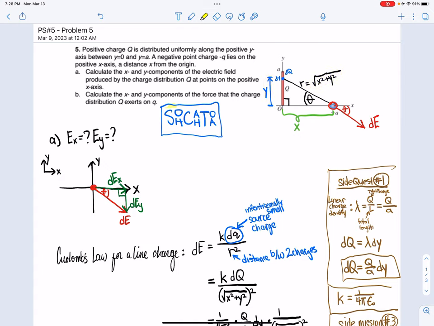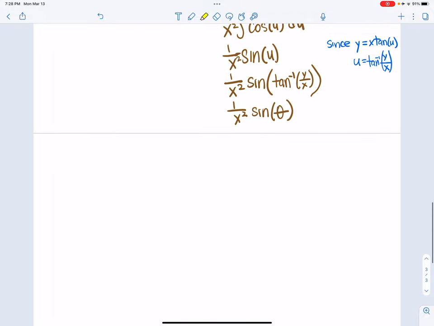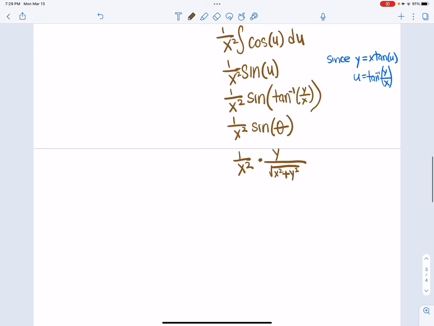So this becomes 1 over x squared times, instead of sine theta, like we said, the opposite, which is y, divided by the hypotenuse, which is the square root of x squared plus y squared. Okay, not too bad.